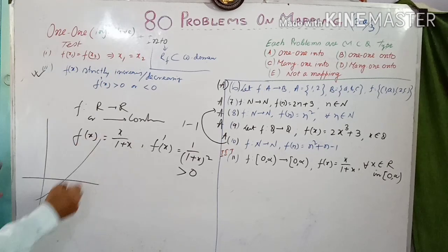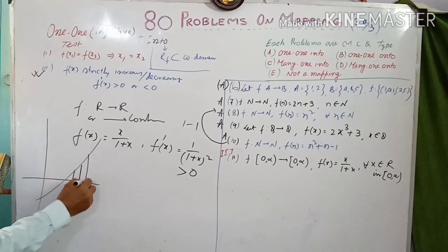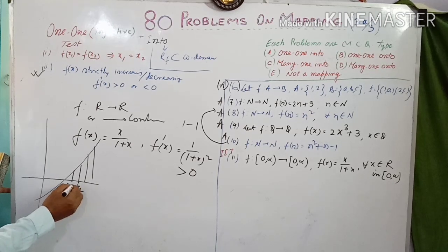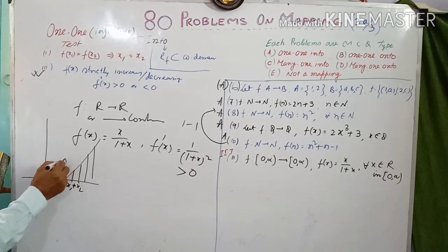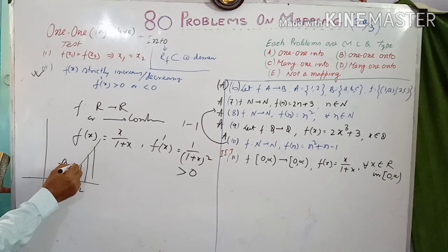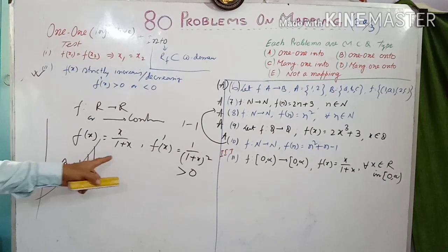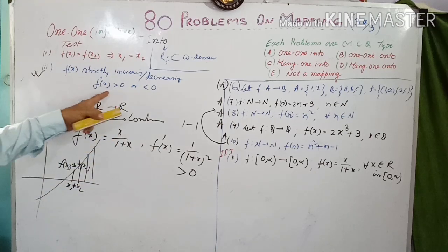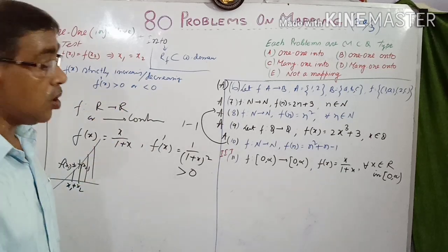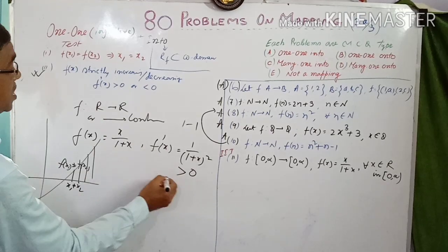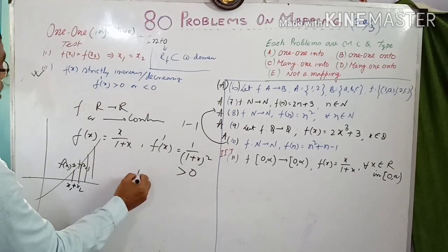Suppose this is a curve, so strictly increasing means x1 not equal to x2 gives f of x1 not equal to f of x2, or applying f dash greater than 0 or less than 0. So f dash is greater than 0, strictly increasing, therefore it is 1-1.